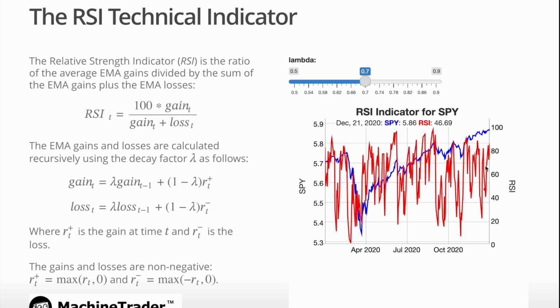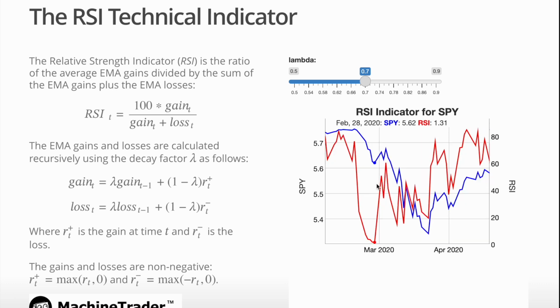On the right panel we have a plot of the RSI on the right axis and the SPY on the left axis. And we have one lambda parameter that controls the RSI. So let's look at the performance of this RSI. What is it telling us?